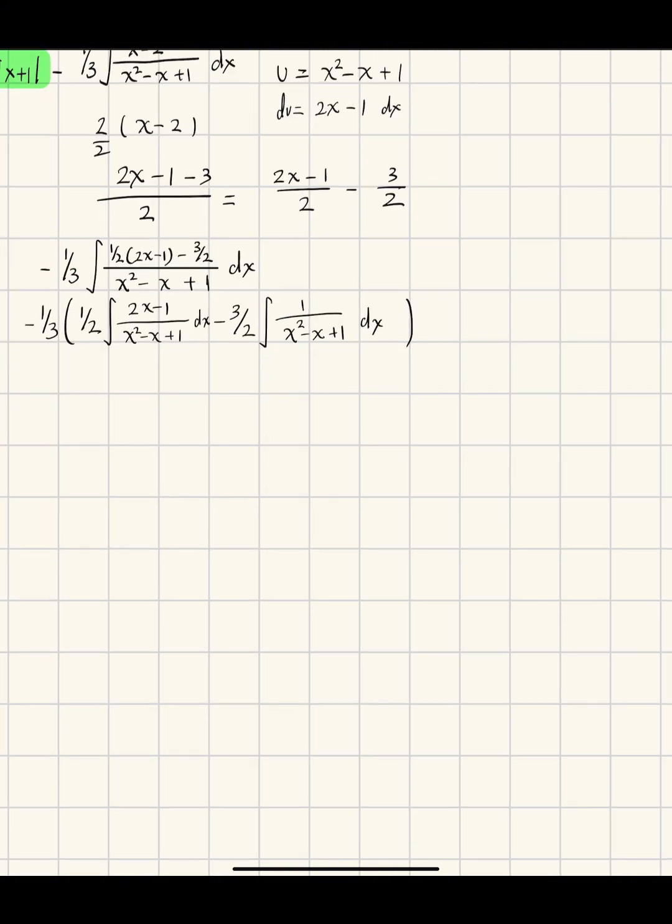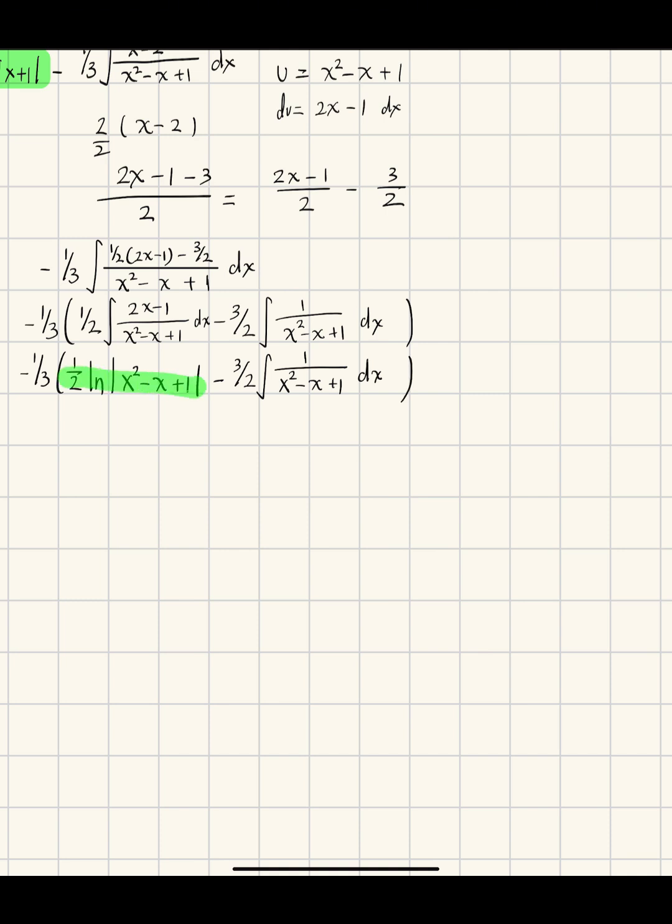Okay, now actually we don't have to do any work for the first integral, so negative 1/3 in the parenthesis of 1 over 2 of natural log absolute value of x squared minus x plus 1, minus 3 over 2 of the integral of 1 over x squared minus x plus 1 dx.